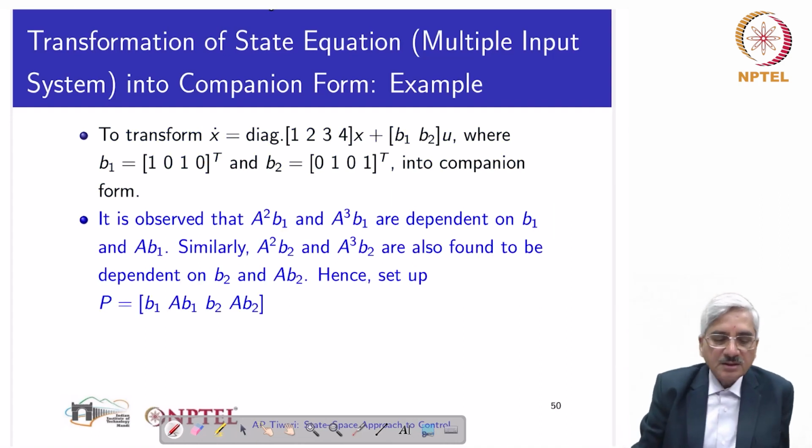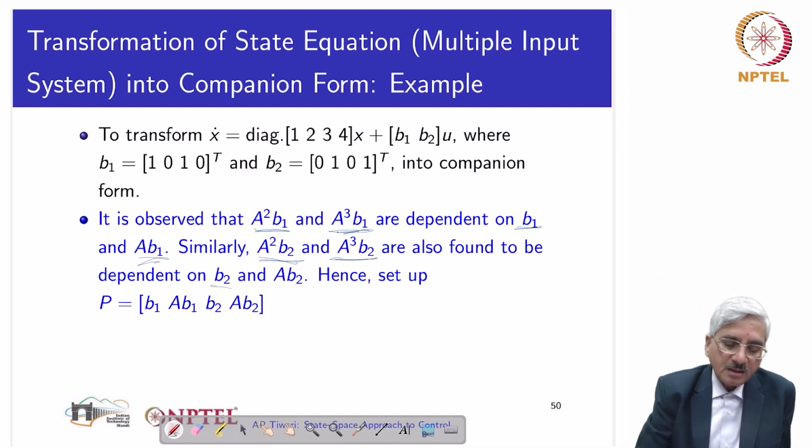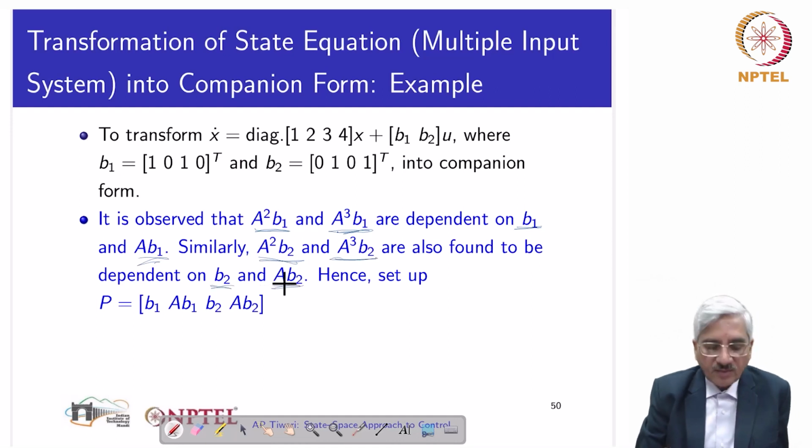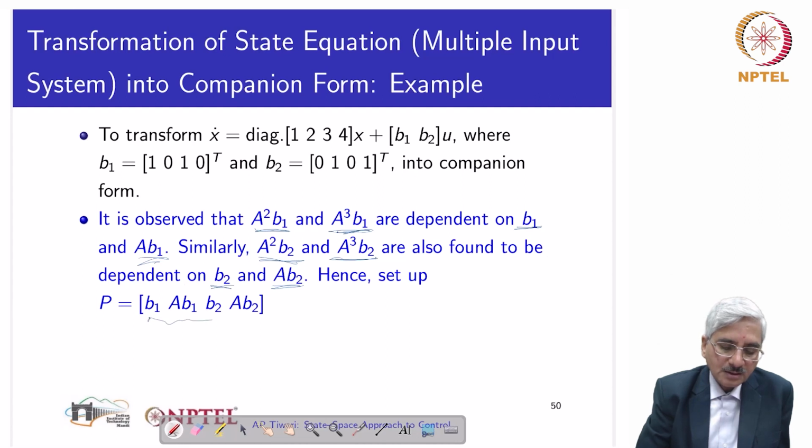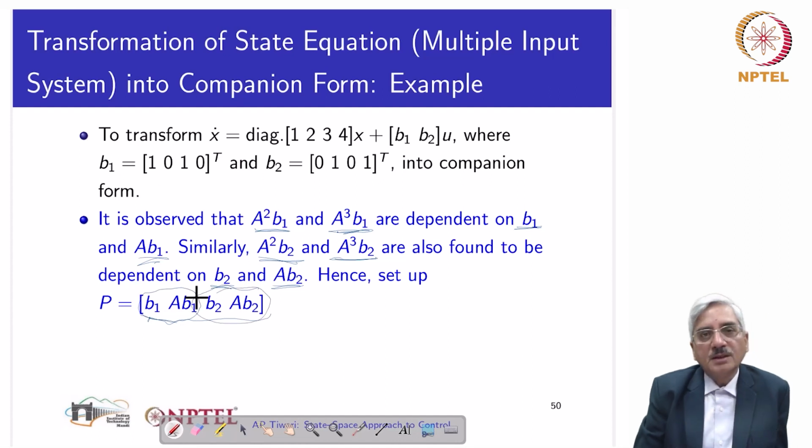So what we notice is that if we find A square B1 and A cube B1, both of these are dependent on B1 and AB1. Similarly, when we find A square B2 and A cube B2, we find that they are dependent on B2 and AB2. Hence, P is only essentially B1, AB1 coming from input 1 and B2, AB2 coming from input 2.